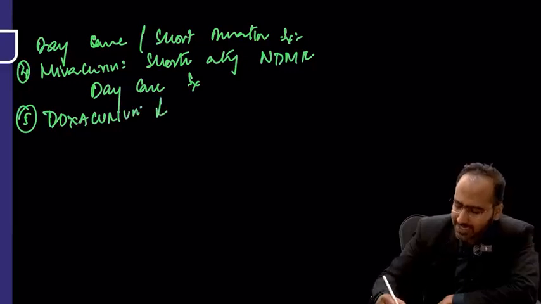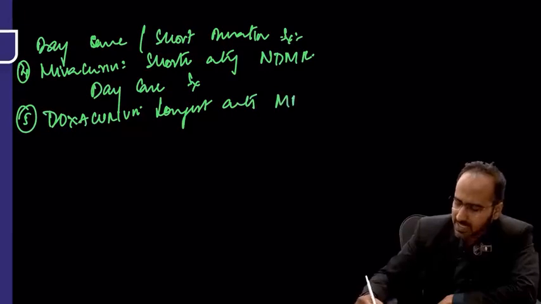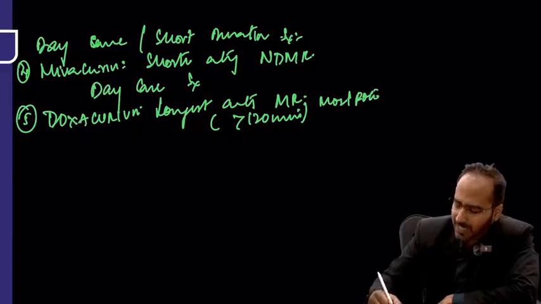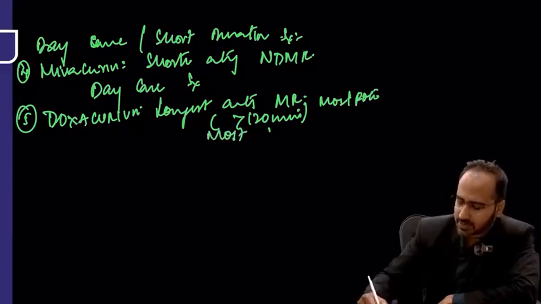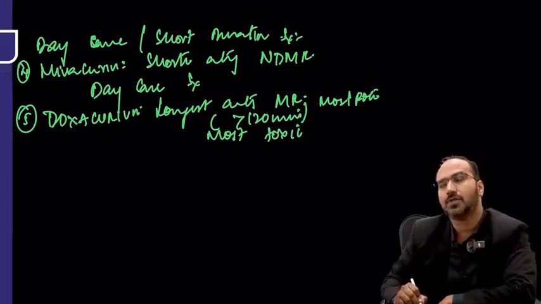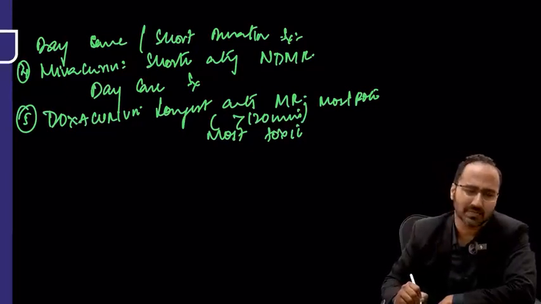Doxacurium is the longest acting muscle relaxant. Working for how many minutes, guys? Working for more than 120 minutes. It is the most potent as well as the most toxic. It is producing toxicities of multiple systems, not only one.